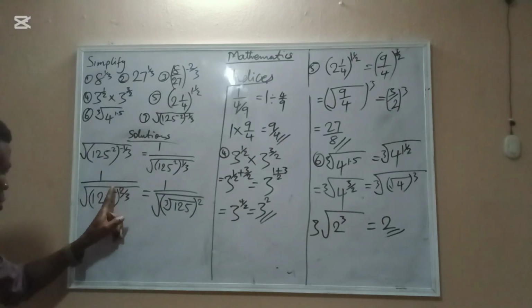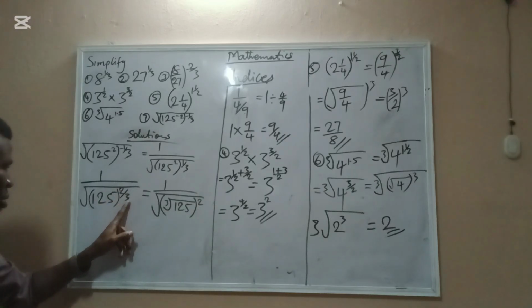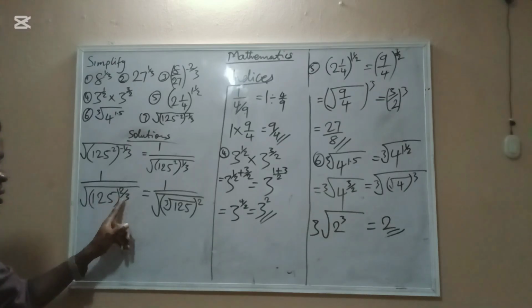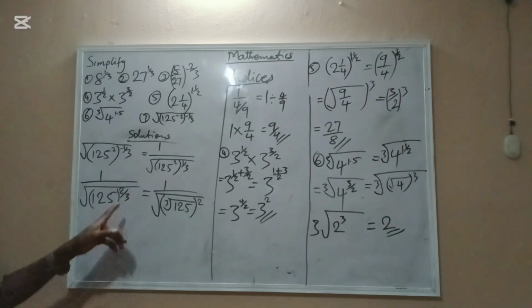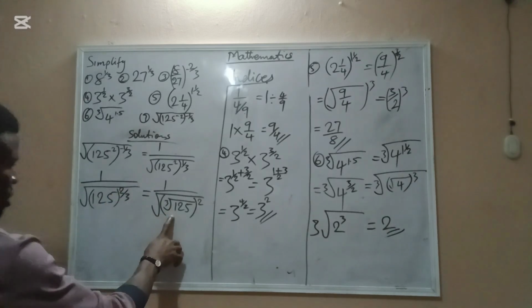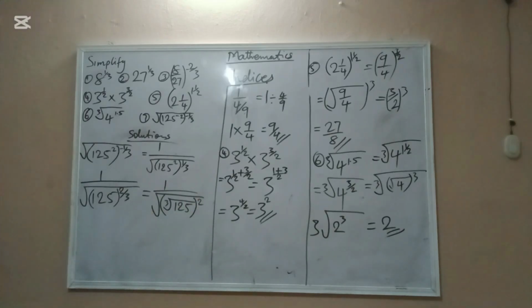And then that number, which is 125 to the power 2 over 3, has a fractional power. And then the law of fractional power says we get the cube root of the number using the denominator, and then raise it to the power of the numerator, which here is cube root of 125 to the power 2.